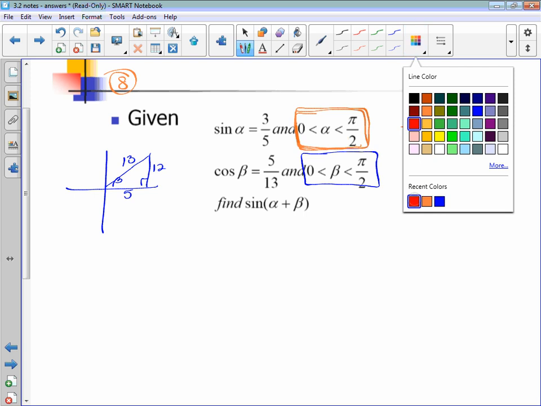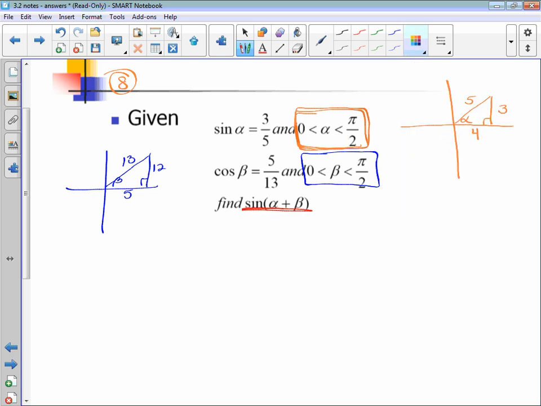So now I'm going to go ahead and do the formula here. Sine of alpha plus beta. That's sine of alpha, cosine of beta, plus cosine of alpha, sine of beta. So we're no longer using things from your circle. You are now finding these values from the two pictures that you drew. So what is the sine of alpha?